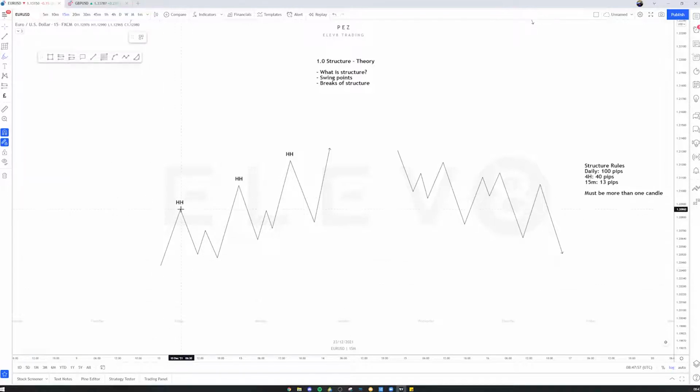Price comes up and creates this higher high via a pullback. This pullback here is what creates this higher high. Price then comes down and you can see we have these two lows created, and then we break this high here. So we've got our break of structure.